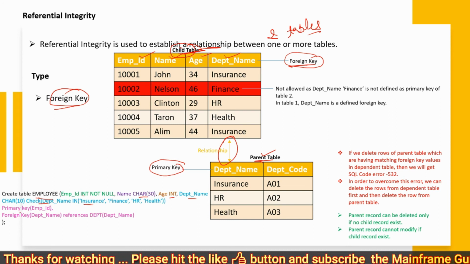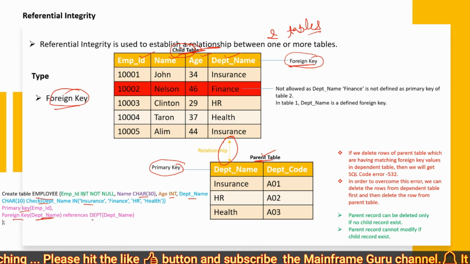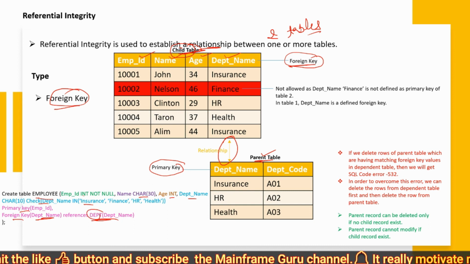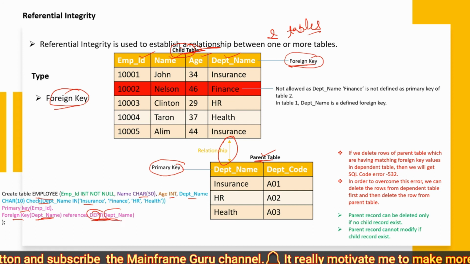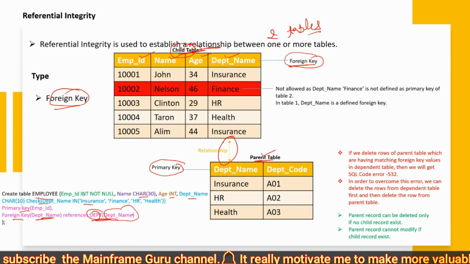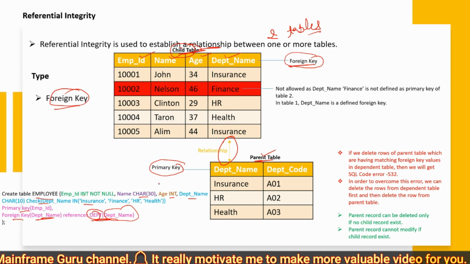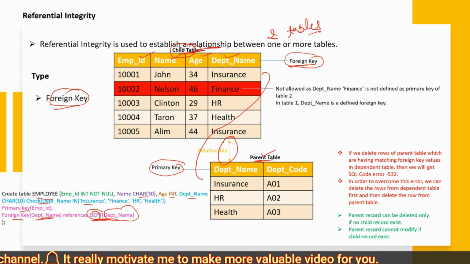And then I have used primary key, and then I have used foreign key, department name references the department table. This is our department table, and this is a column. This is the primary key column to which we are going to refer.